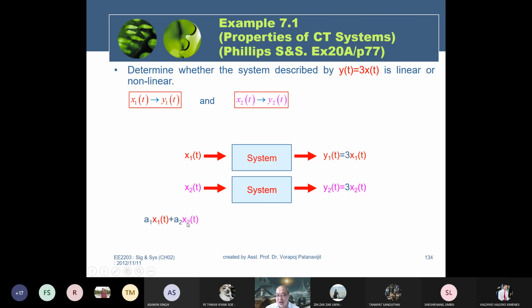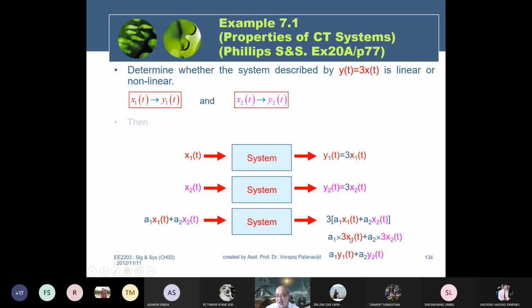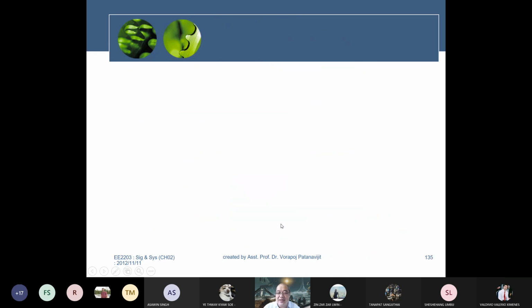If you feed x1 and x2, all processes multiply by 3. You distribute the 3 and group them, and you can observe that 3x1 gives you y1, 3x2 gives you y2, so feeding x1 plus x2 gives you y1 plus y2. In this case, you can say that the system is linear.